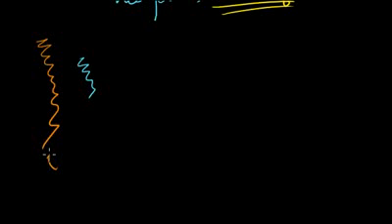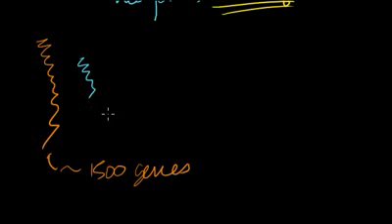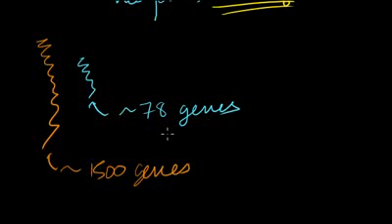It codes for on the order of 1,500 genes. And the Y chromosome is the most gene poor of all the chromosomes. It only codes for on the order of 78 genes. I just looked this up, but who knows if it's exactly 78. What it tells you is that it does very little other than determining what the gender is.